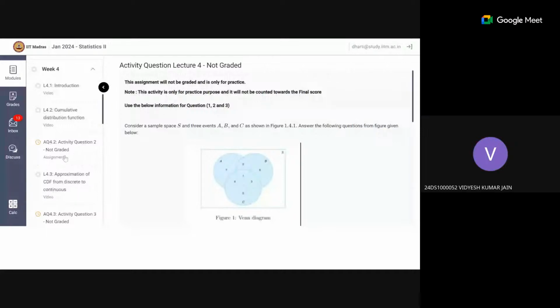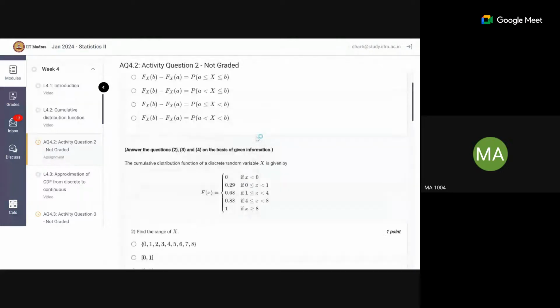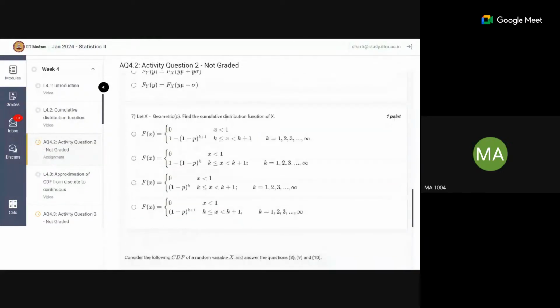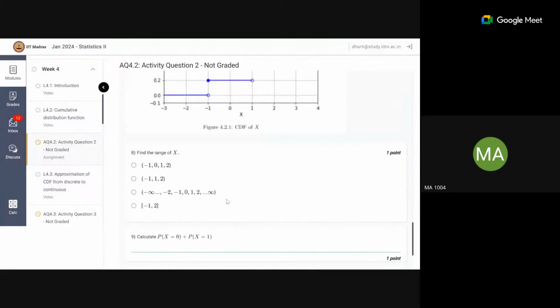Yeah, activity 4.2, question 10. Yeah, this one, probability x less or equal to 1.5.